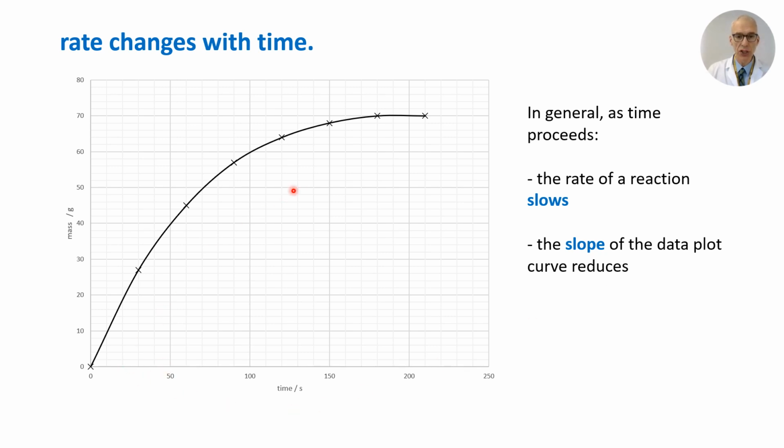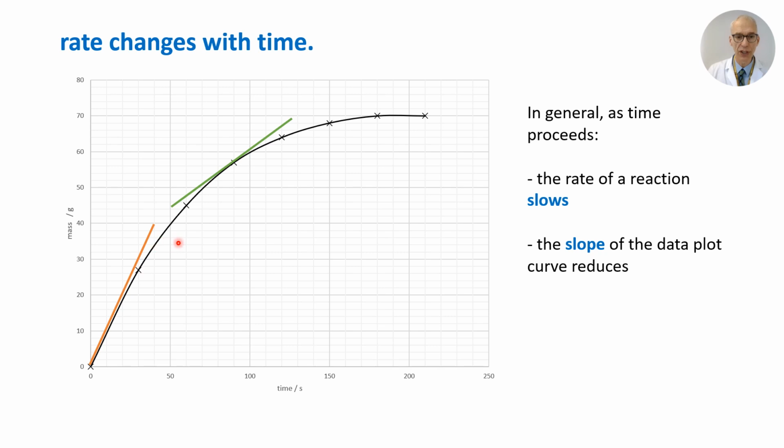So here is a plot of data, mass versus time. So we're collecting a product, the mass is increasing with time. I'm going to draw 3 lines. The first one is at close to time 0. We can see the line has a certain steepness, a certain gradient.